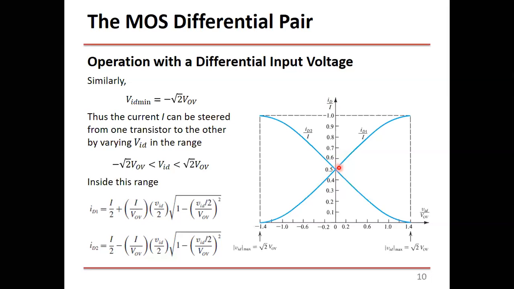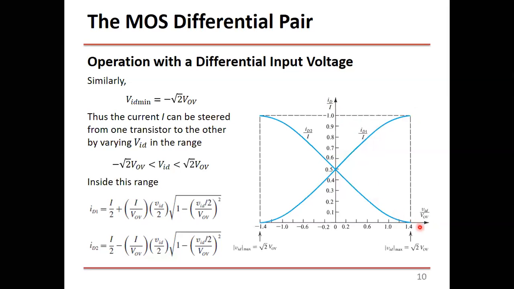When V input 1 is the same as V input 2, the currents I1 and I2 will be 0.5. And if you keep increasing VID, you keep increasing I1 and decreasing I2 until I1 reaches I, so the ratio will be 1. If ID1 becomes the same as I, then the ratio is 1.